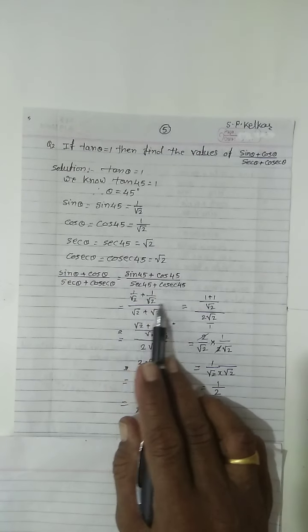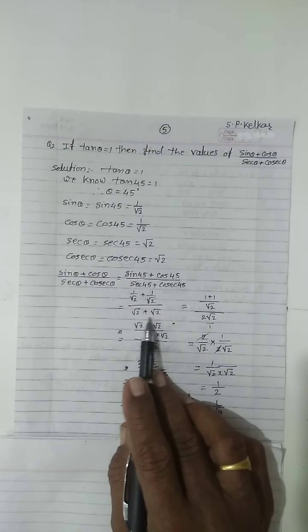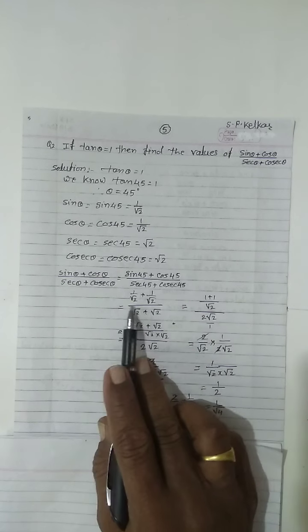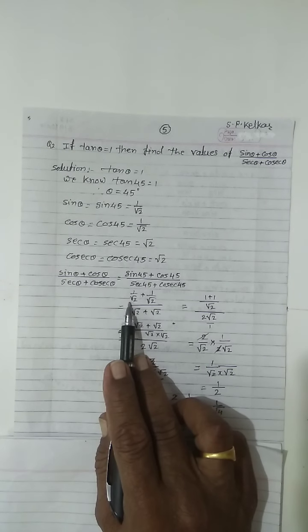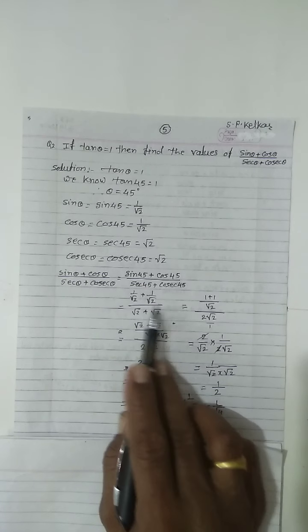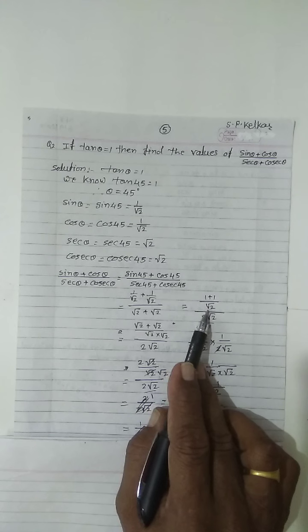Now the sum of the numerator and denominator is like this. The denominator is the same, so we write one denominator, root 2 only.